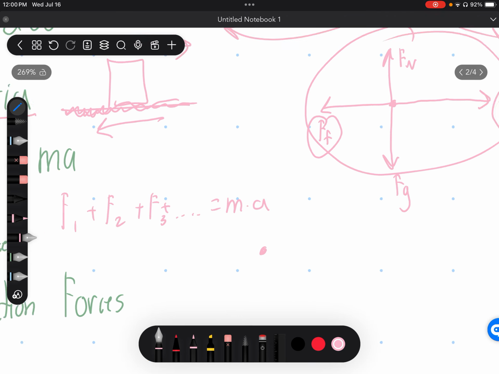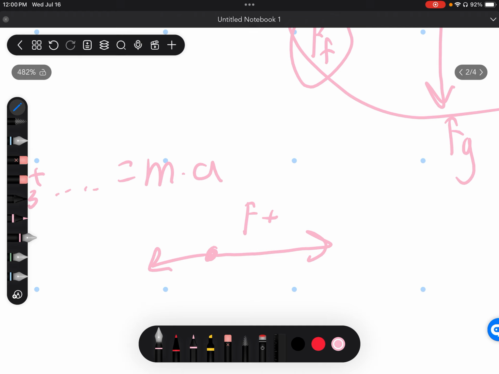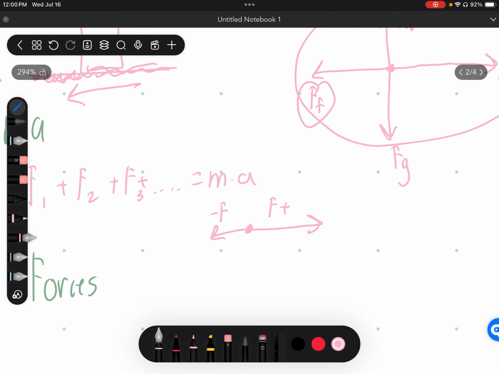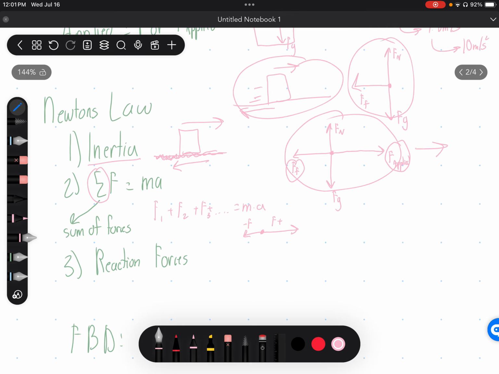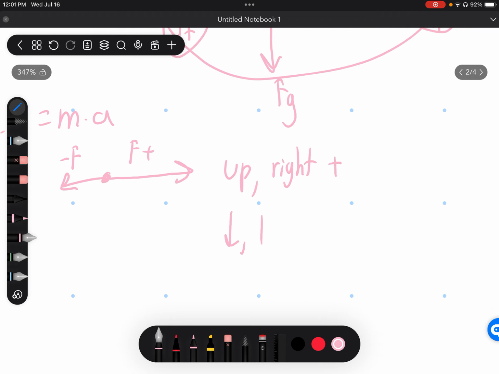Say that we have an applied force that is much greater than its frictional force. This is a positive force, but this here is a negative force. So when you add them, sometimes you might be subtracting forces off of each other. It depends. Normally, up and right are both positive, but down and left are both negative.